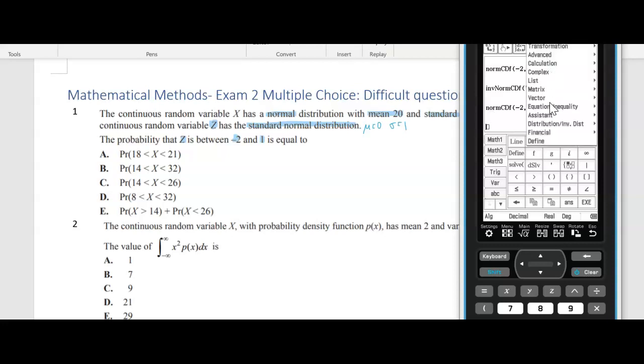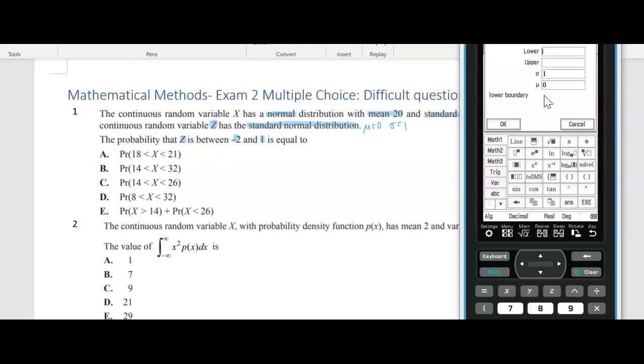Now we can go through and actually check which of these is equal to that. So I'm just going to do the same thing. All right, so our lower limit, if we're doing option A, is 18 to 21. And our standard deviation was 6 and our mean is 20.